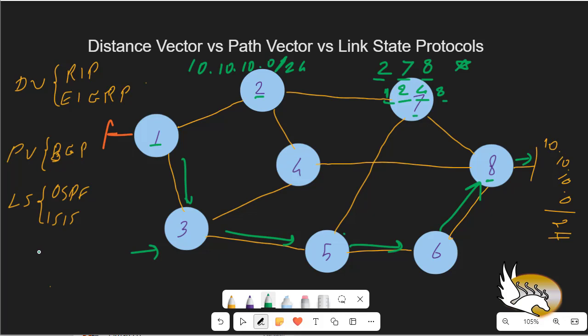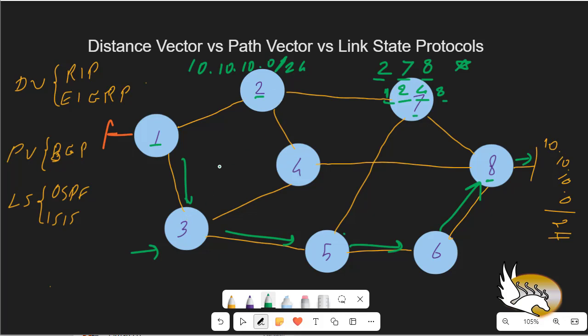Outside the area, of course, they are going to receive some summary information, so they know where the network resides, and they have a full map of the area in their memory, or at least they create it. Path vector doesn't have information about the inside of the autonomous system. It just knows that it has to go through some of the autonomous systems and get to the destination. So that is the difference between these routing protocols.